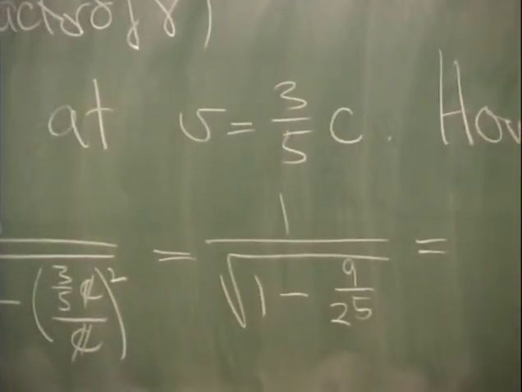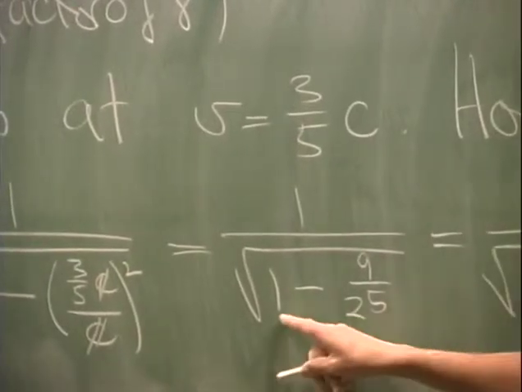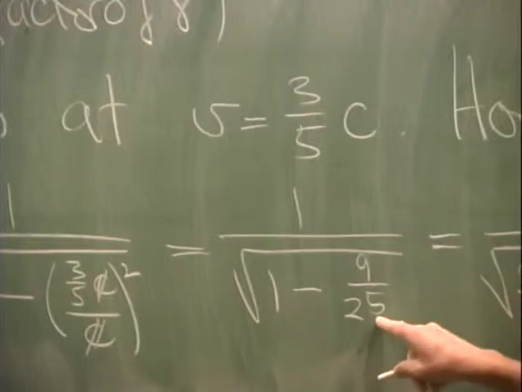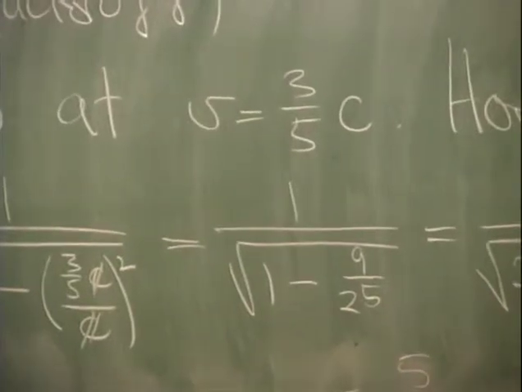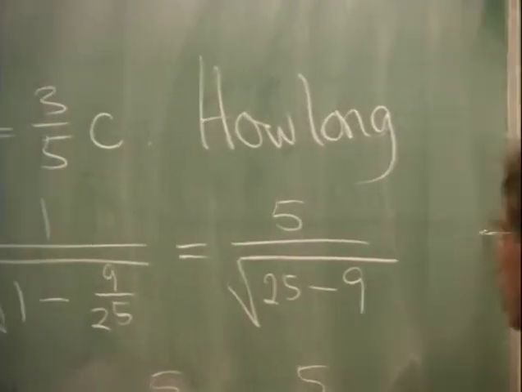If I multiply top and bottom by 5, I get 5 over the square root of 25 minus 9. 5 over the square root of 16, which is 5 over 4.